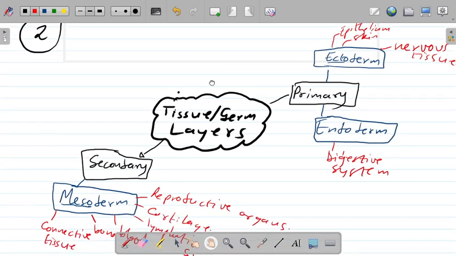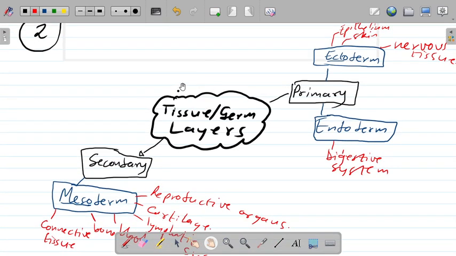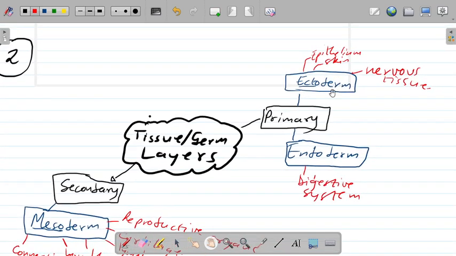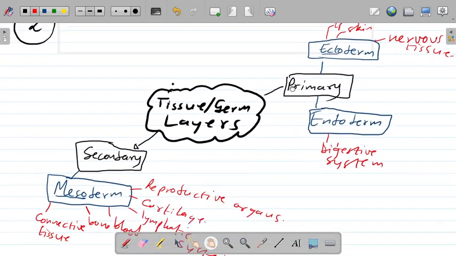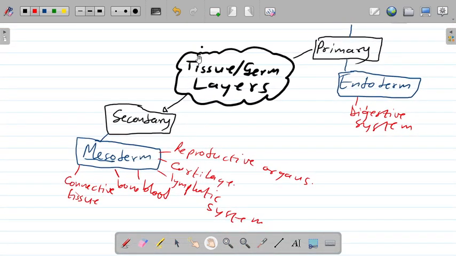Basically, what are tissue layers? Your germ layers are the first tissue that is formed from an embryo of any organism. And then organisms can either form two germ layers only, which are known as diploblastic organisms, or they can form all three.